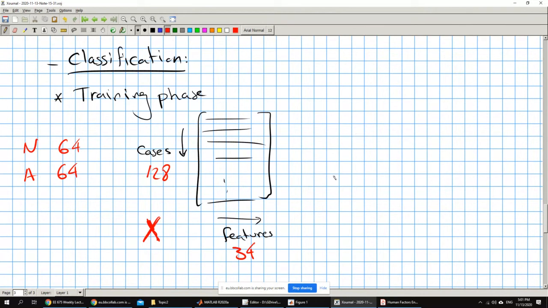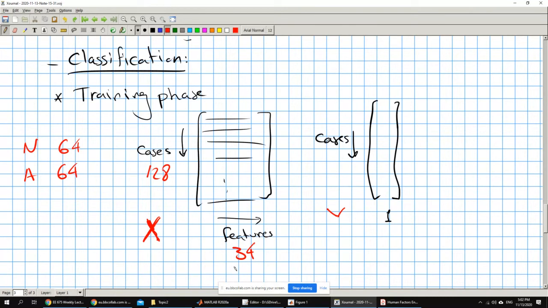We need another vector that is very important. One dimension is exactly the same as the number of cases, and the other dimension is 1. We call this vector Y. These are the labels.